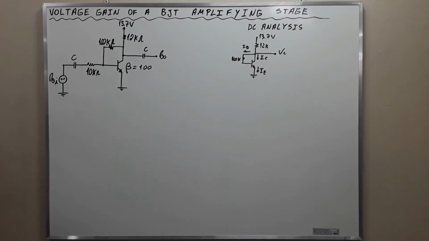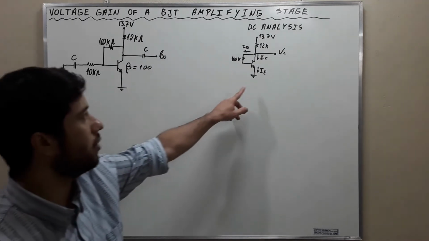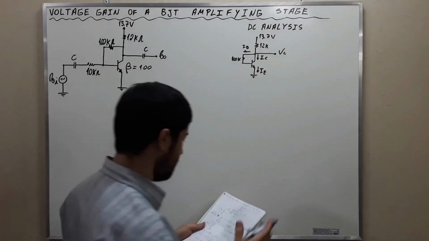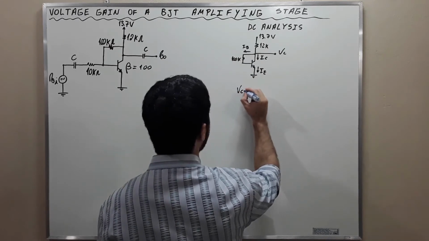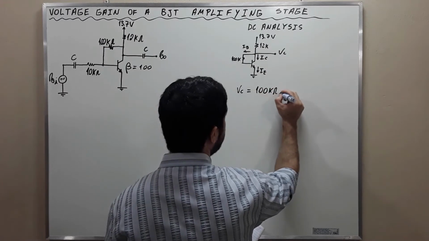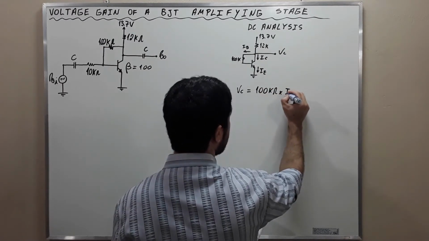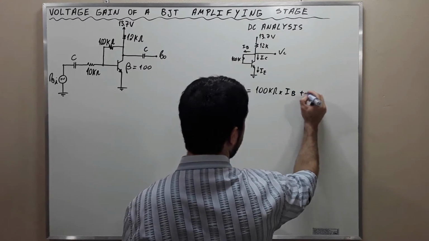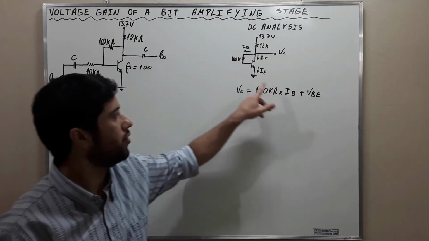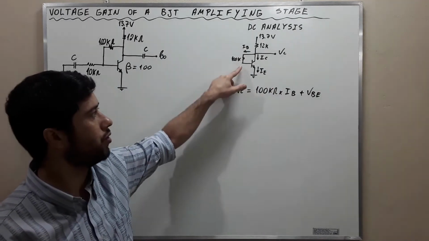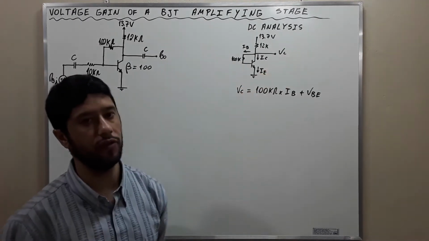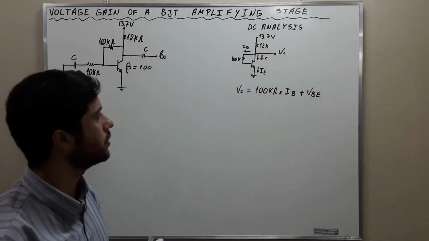The DC analysis of this circuit will be, take a look at this, okay? We can see that VC is equal to 100 kilo ohms times IB plus VBE, okay? VBE is the voltage from the emitter to the base, and you can see that the emitter is grounded, and VC is the voltage at the collector.